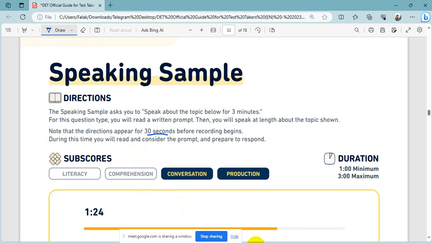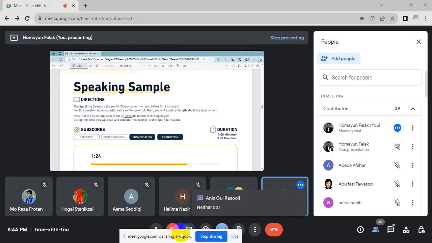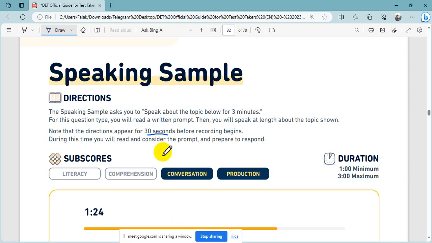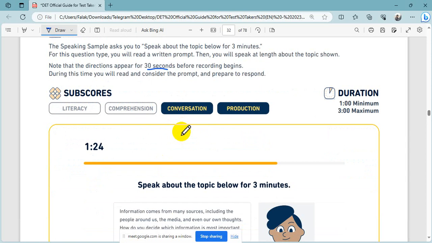It's really good to organize your talk and outline it in your mind, because there's no paper, no pen, you don't have anything to write. You just try to outline a good format for your speaking. These 30 seconds are really a good chance for you to outline your speaking.